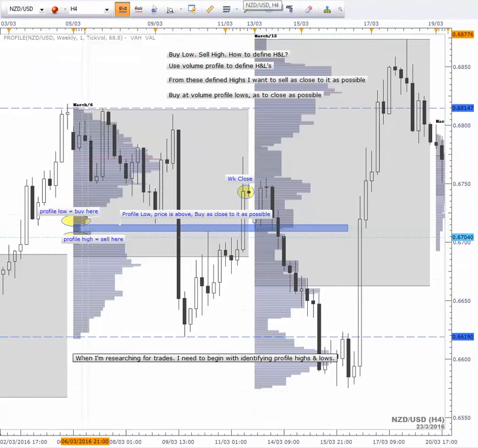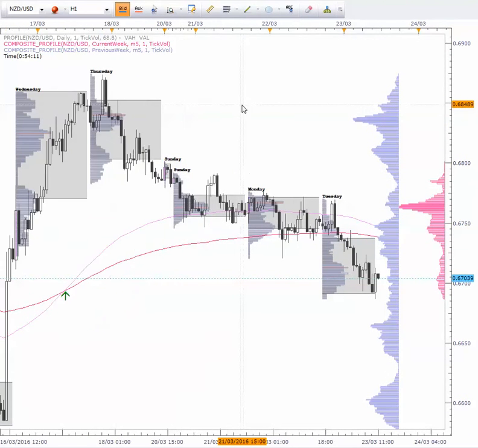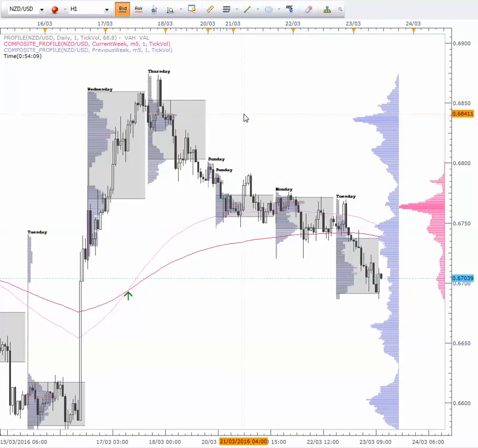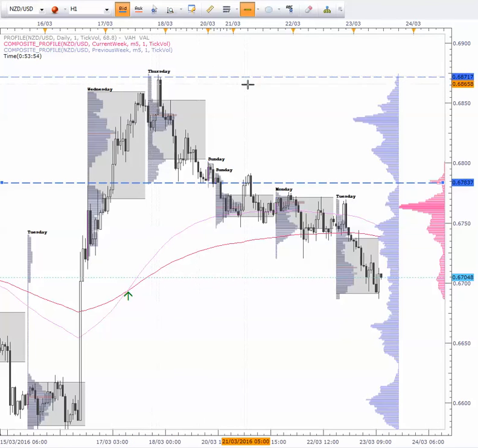So armed with this information, I come to the computer, I turn on the charts, and wow, what do I do? There's lots of things. I could draw circles, I can draw lines, I can put in horizontal lines. I can say here's a high, and here's a low, and so when price comes up to this high, I want to sell. When price comes down to this low, I want to buy, and so on.